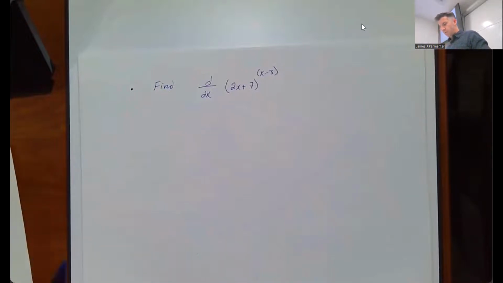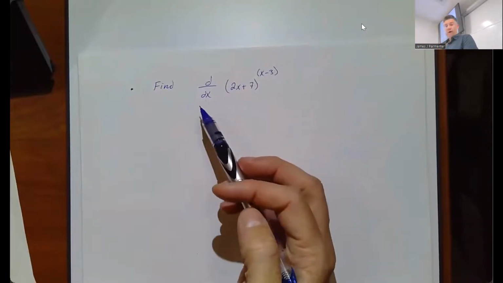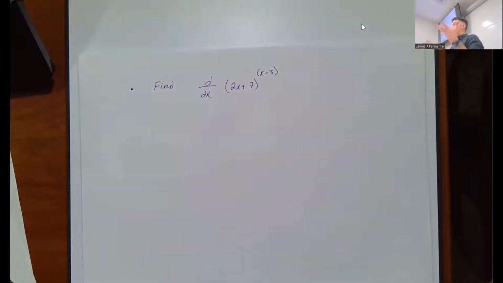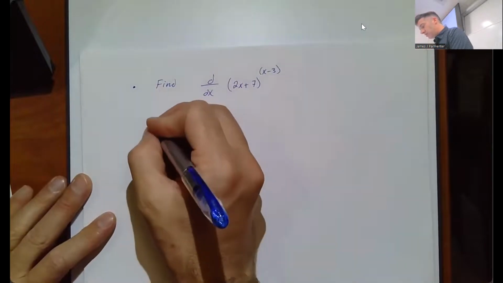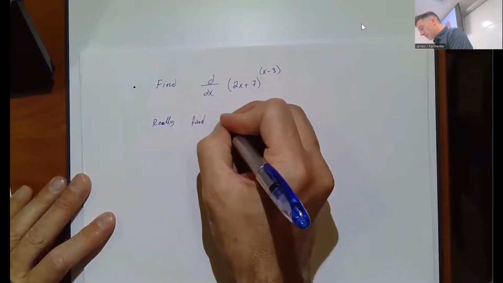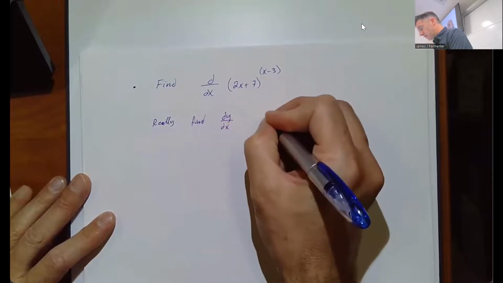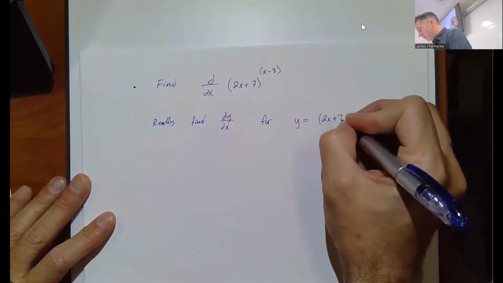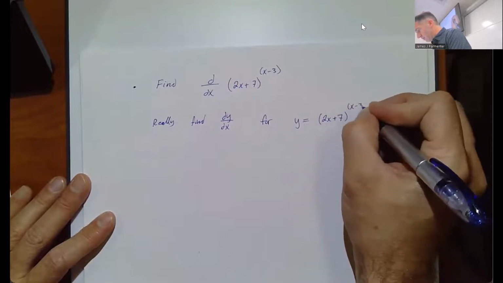When they give you these problems, where you have to find the derivative of something where your base and your exponent both have variables in them, usually they are kind and they say, well, really, we're going to find dy/dx for y equal to 2x plus 7 to the x minus 3 power.